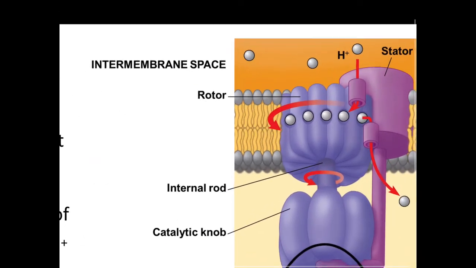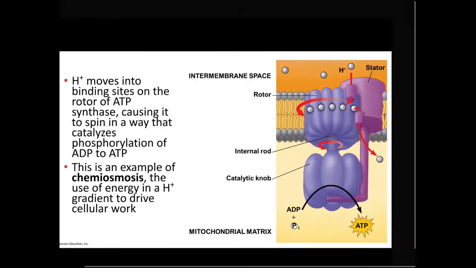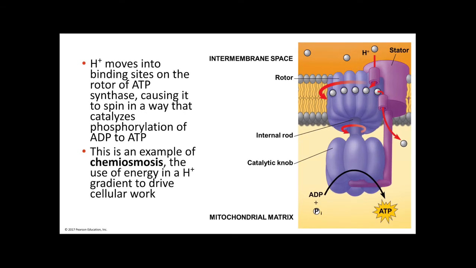Remember, phosphorylation just simply means you are adding a phosphate. So you can see here at the bottom, you have ADP plus inorganic phosphate to make ATP, as the top part is rotating because of the hydrogen ions that are attaching to it.